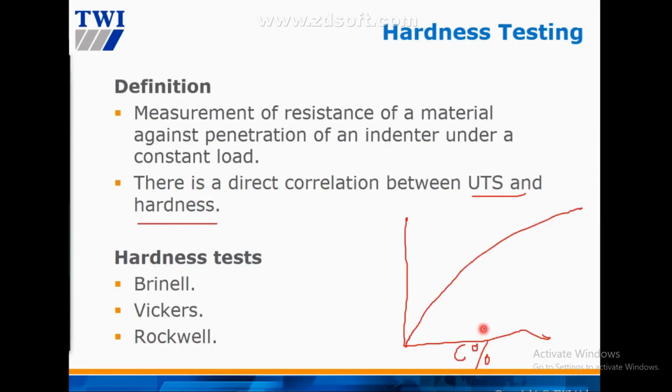We can see that if the carbon percentage increases, hardness increases and the UTS also increases. So that is what is meant by correlation. There is a relation between these two. So in hardness test, we have Brinell, Vickers, and Rockwell.